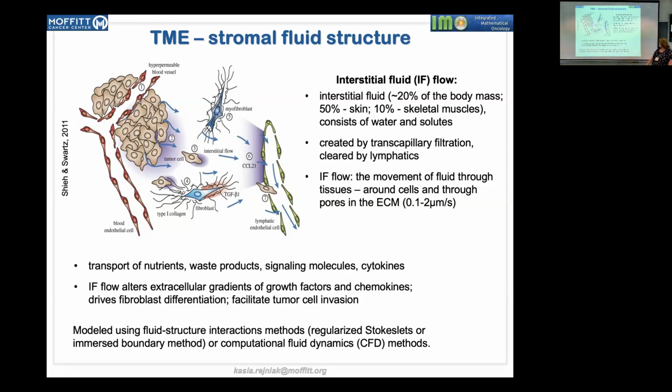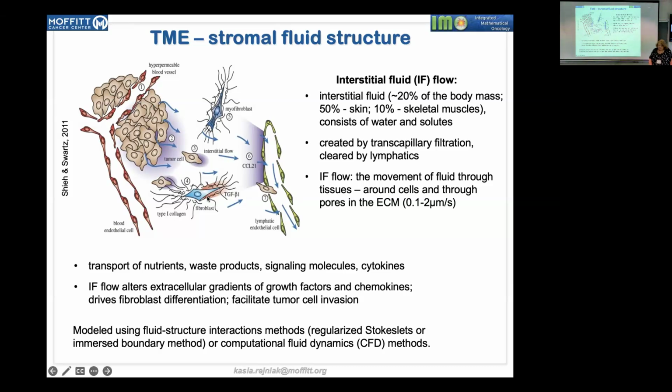And this is a very slow flow, about 1 micrometer per second. And experimental results have found that this flow has an effect on cell differentiation or cell migration. They found that fibroblasts, when they are exposed to this shear flow, could differentiate.